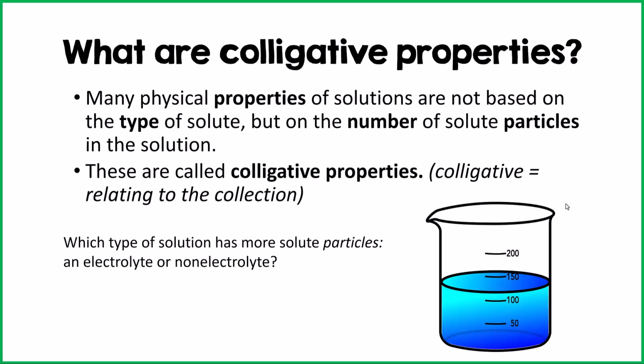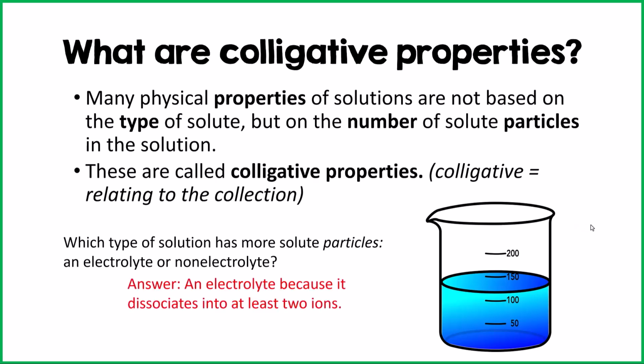An electrolyte or a non-electrolyte? And the answer is going to be an electrolyte because it dissociates into at least 2 ions. And some ionic compounds dissociate into more than 2 ions, which would give them even stronger colligative properties because there are multiple particles that are being released from that compound.